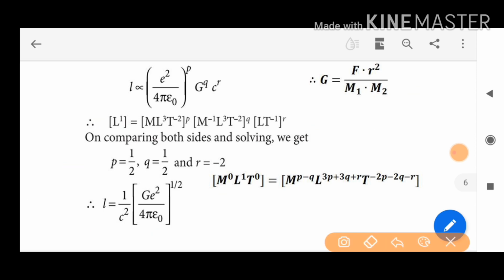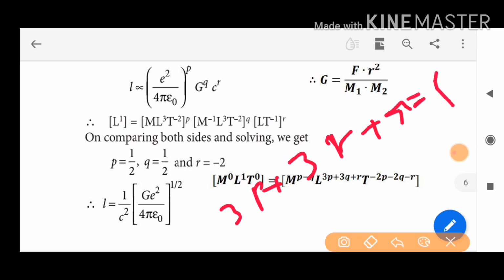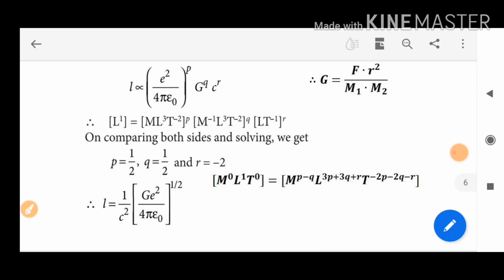Next, 3p plus 3q plus r equals 1, and minus 2p minus 2q minus r equals 0. Solve all these three equations and you get p equals half, q equals half, and r equals minus 2. So put these values in this equation.